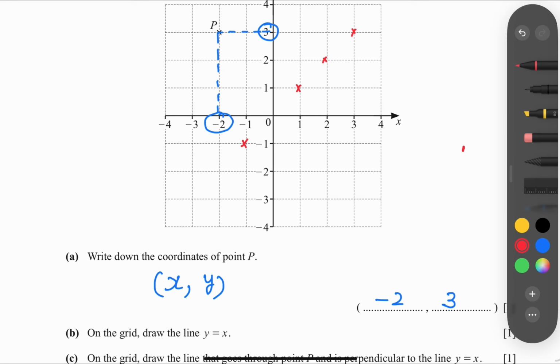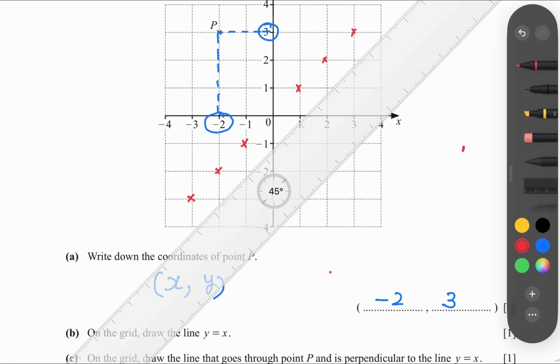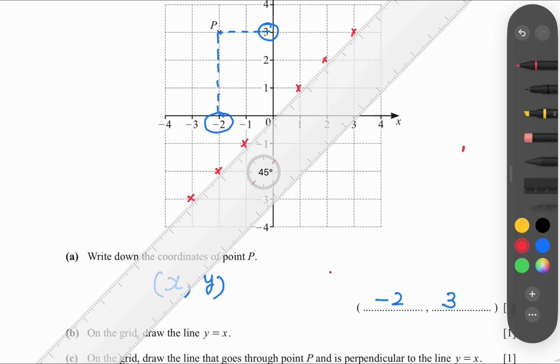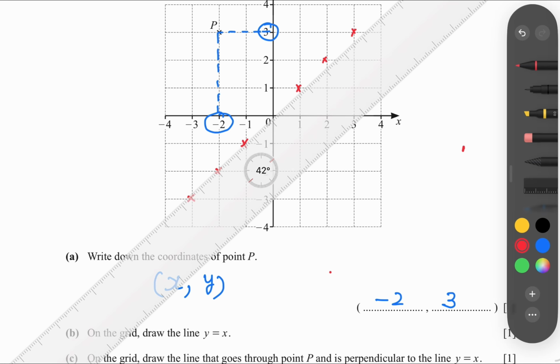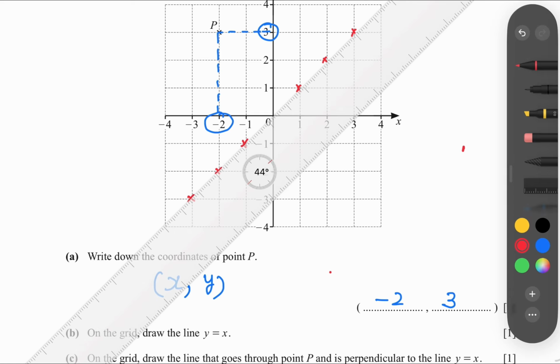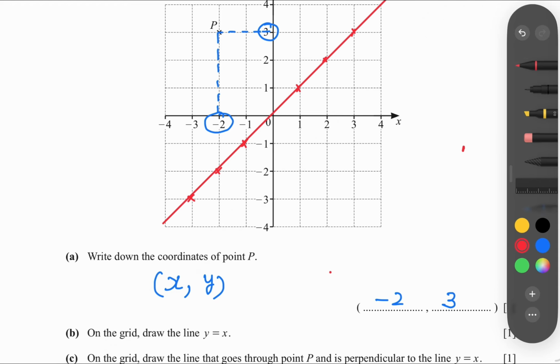Similarly x minus 1, y minus 1. So then we are going to join all these points using a ruler to make a straight line, like this, right? So that part B is done.